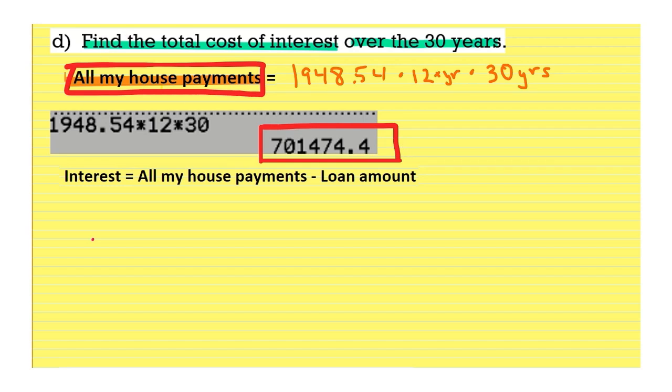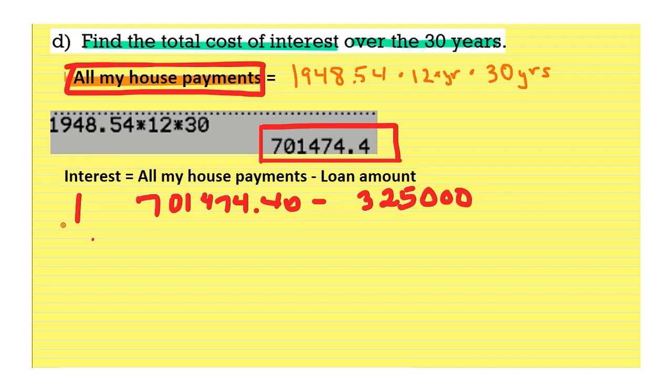So I'm going to take that number, all my house payments, which is going to be $701,474.40, and I'm going to subtract my loan amount. Well, remember, my loan amount is my mortgage amount, which is the same thing as my principal amount. And that amount was $325,000.